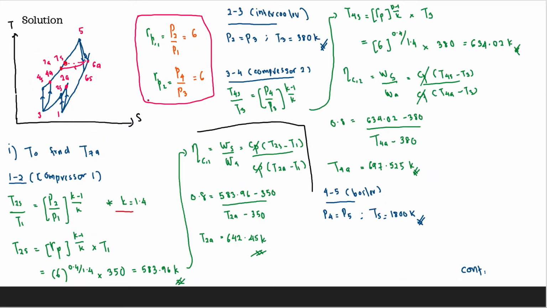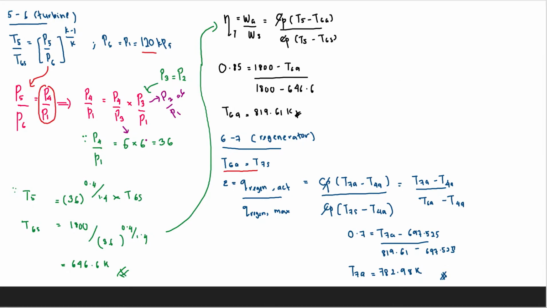Therefore, P4 over P1 is 6 multiplied by 6, which is 36, and P4 over P1 is also equal to P5 over P6.